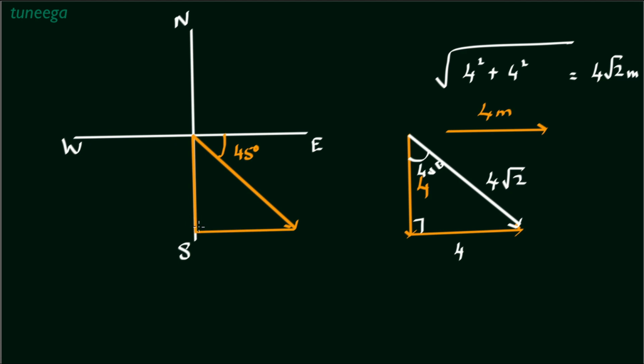So your answer is 4 root 2 meters, 45 degrees south of east. Or you could say 4 root 2 meters at 45 degrees east of south. Or you could simply say, because it's exactly in between south and east, you could say 4 root 2 meters southeast. So you have to give the direction, otherwise you've not told me what the vector sum is.